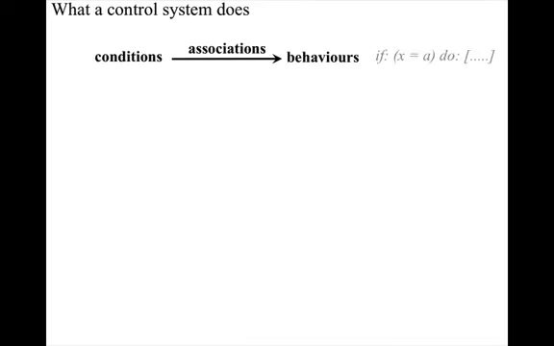So the associations can be completely unambiguous, which means that condition detections can be associated with commands to perform behaviors, what we call instructions. In the prototypical software line, if condition X equals A is detected, execute the specified instruction. And that leads to computer systems using two general types of information processes to support this overall function: instructions, that are commands to perform behaviors, and data reads-writes, that manage the information associated with the detection of conditions.